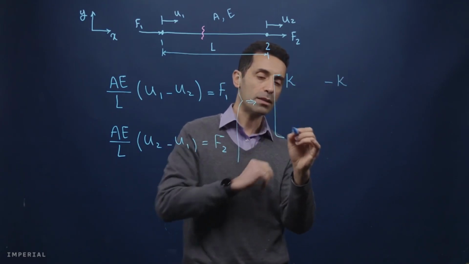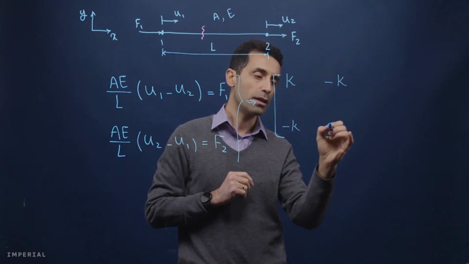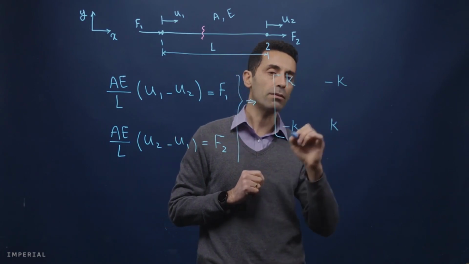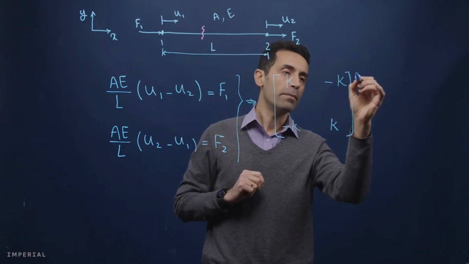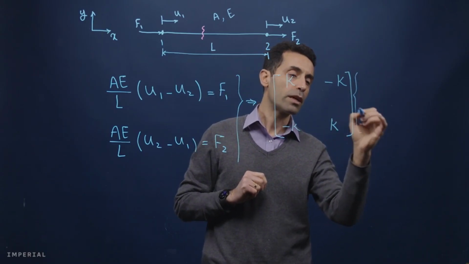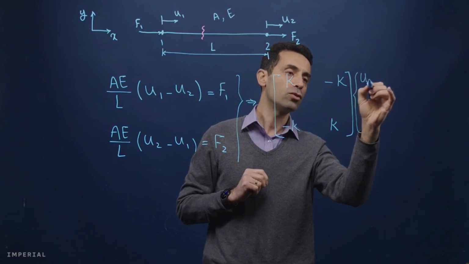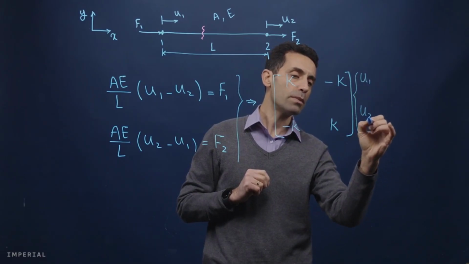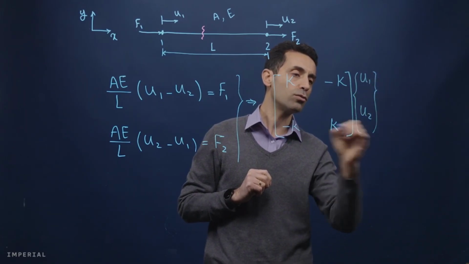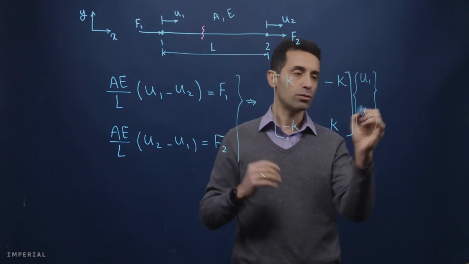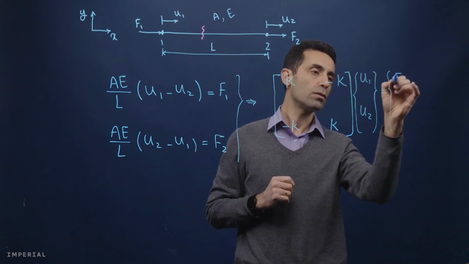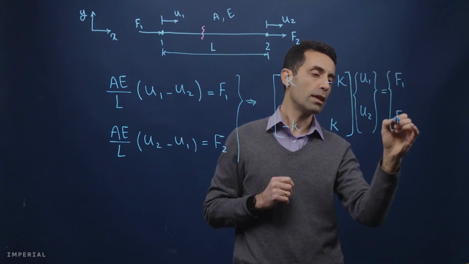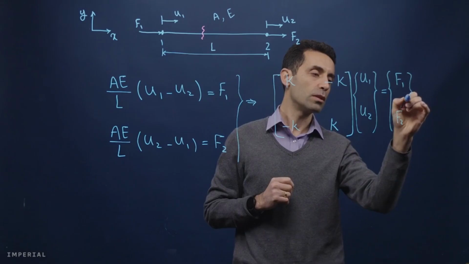So we have k, minus k, and minus k, k, right? Multiplied by a vector. We call it the vector of nodal displacements, which is u1 and u2, and that would be equal to the vector of nodal forces, F1 and F2.